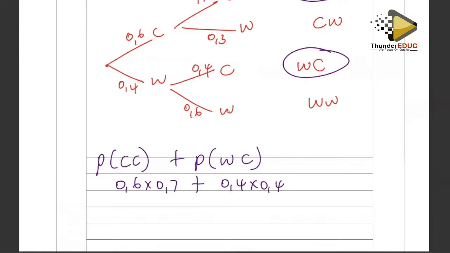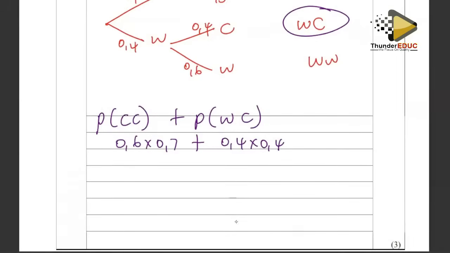So just punch everything into the calculator, and we end up with our answer. So this is 0.42 plus 0.16. When I plus that, I'm getting 0.58. I hope that is what people got.